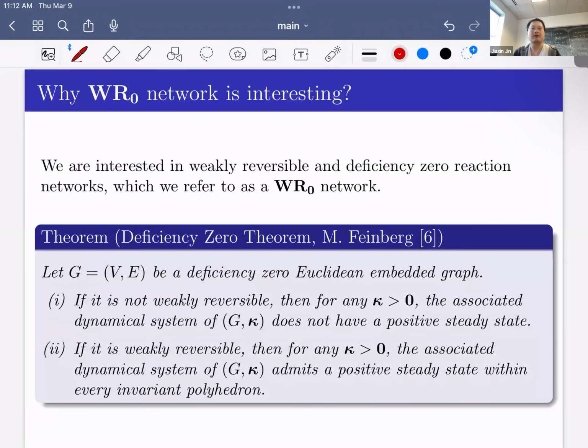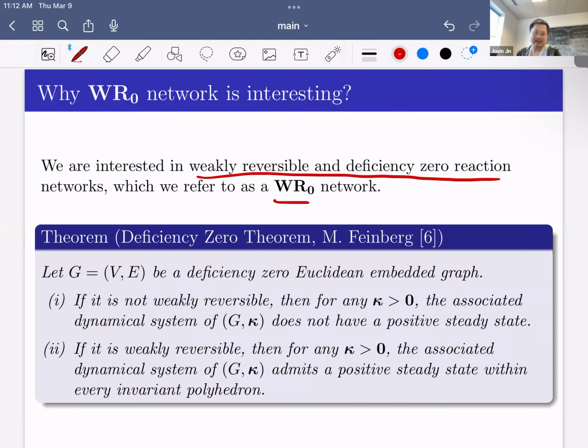First, we will talk about the uniqueness of weakly reversible difference zero networks, and for simplicity, we just call them WR0 networks. Why are we so curious about uniqueness and algorithms on WR0 networks? The basic reason comes from the difference zero theorem found by Martin Feinberg.